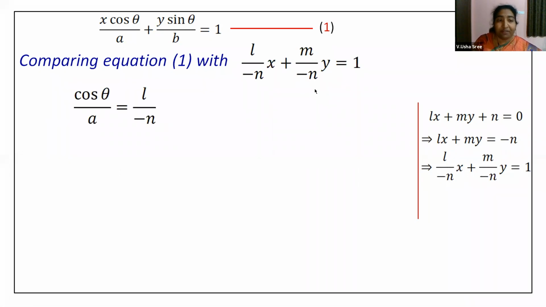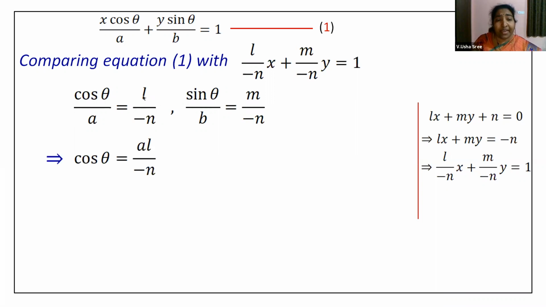Okay, this is what we will be writing. Cos theta by a is equal to L by minus n, and sin theta by b is equal to m by minus n. Right? Then we will just calculate what is cos theta. When we go for cos theta, we will send this a to the numerator over here. So cos theta will be equal to aL by minus n. Similarly, sin theta will be equal to bm by minus n.